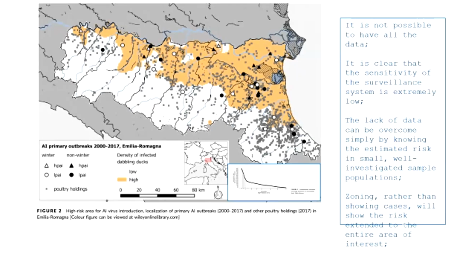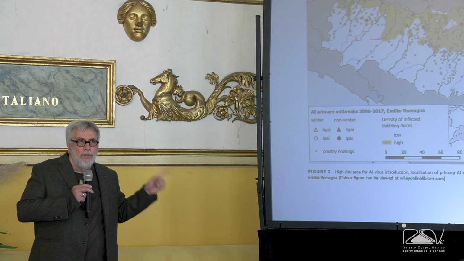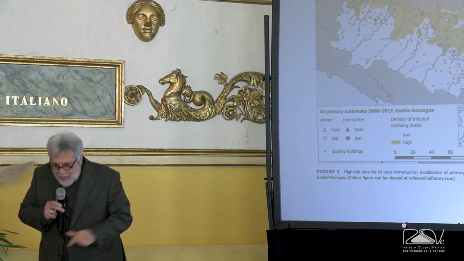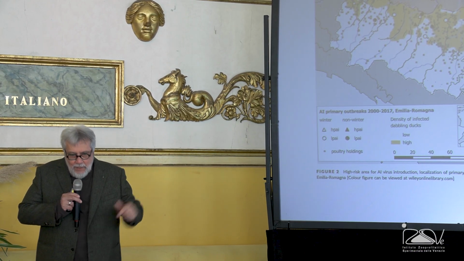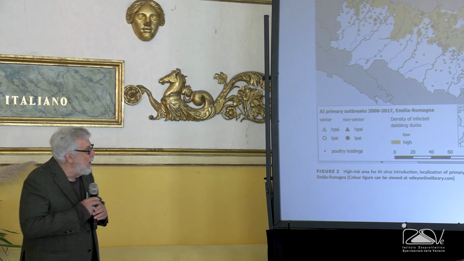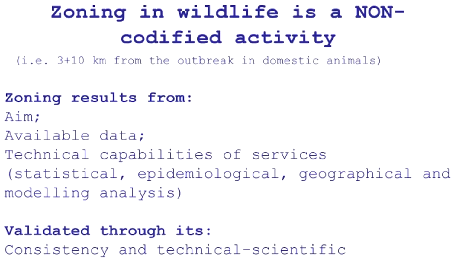That's finished. But also for this, you need a good system. You need to have the shapefile of the water bodies, the number of birds, the species, and so on. It's not a codified activity.